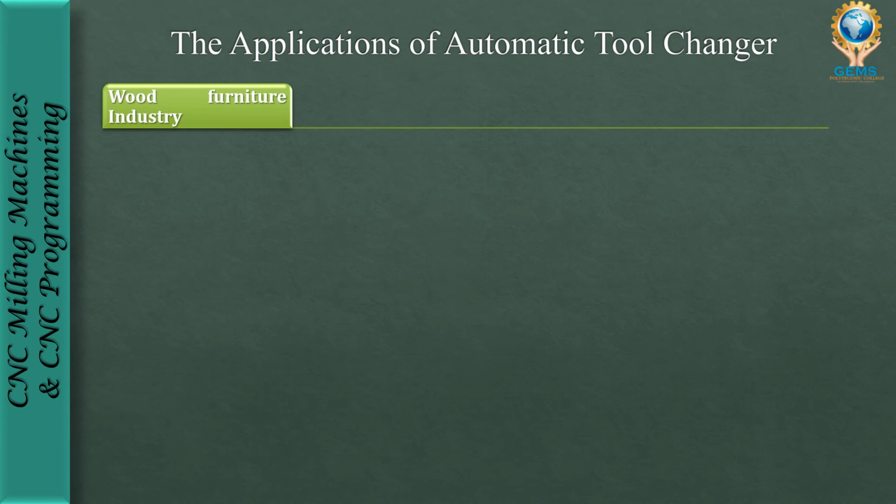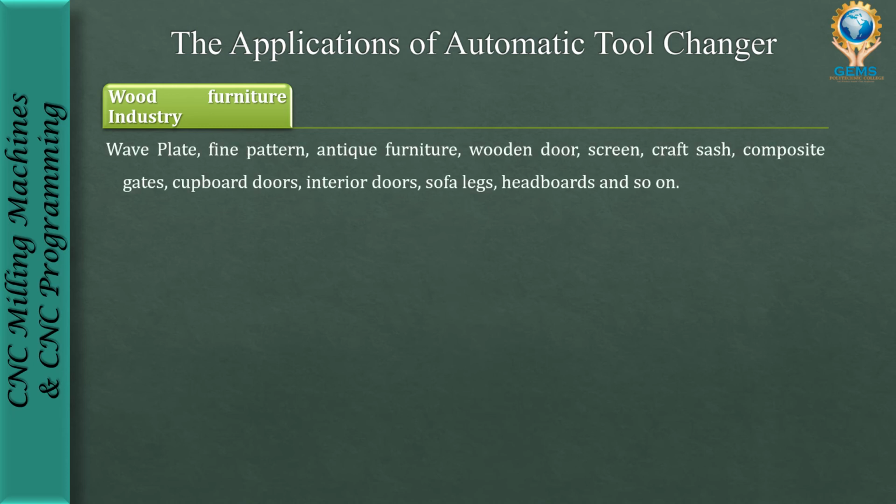Now let's come to the applications of the automatic tool changer. In the wood or furniture industry, we need wave plate, fine pattern, antique furniture, wooden door, screen, craft sash, composite gates, cupboard doors, interior doors, sofa legs, headboards, and so on.